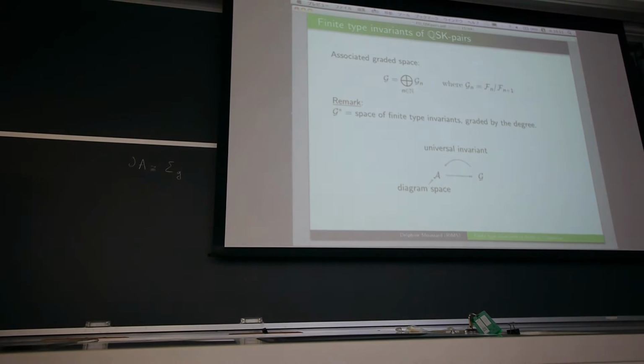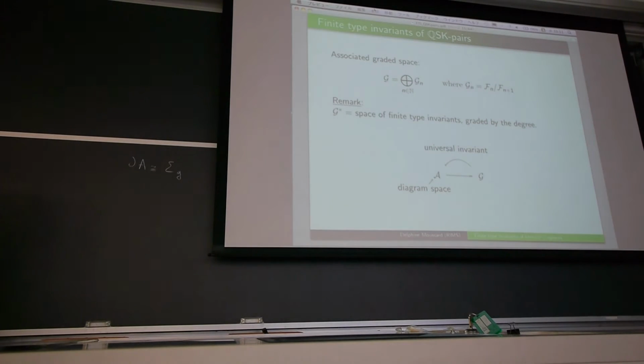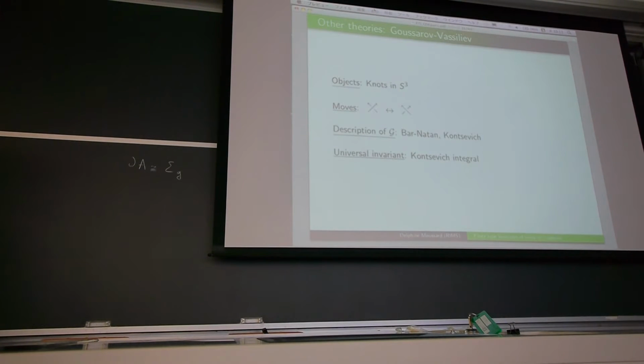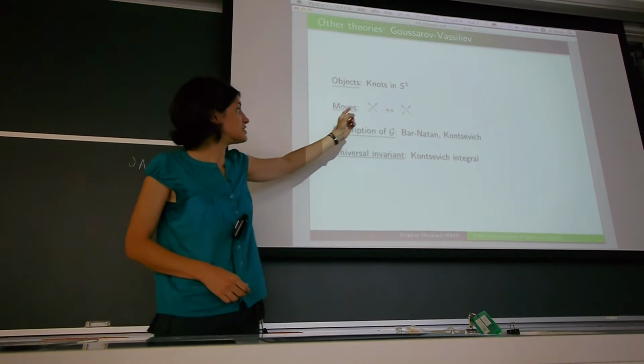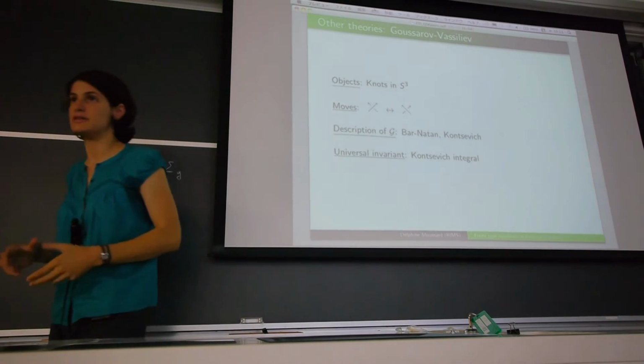So, before going further into this theory, I would like to recall other series of finite type invariants that have been defined, have been studied. So the first one was defined by Gusarov and Vasilev, and dealt with knots in S3. The move used in this theory was a change of crossing on the diagram of the knot.